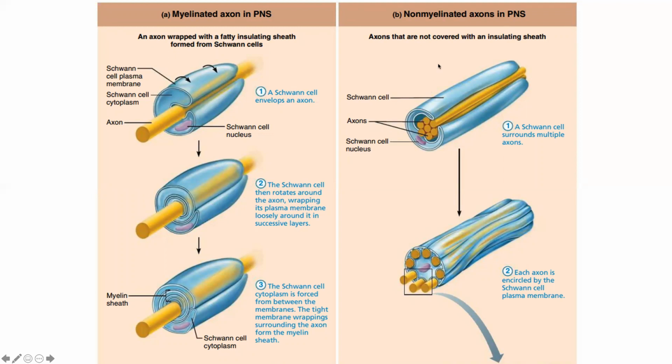And for the non-myelinated axon, yes, they still do have some Schwann cells, but they are loosely covered or protected by the Schwann cell. So it is very different between the myelinated and non-myelinated.